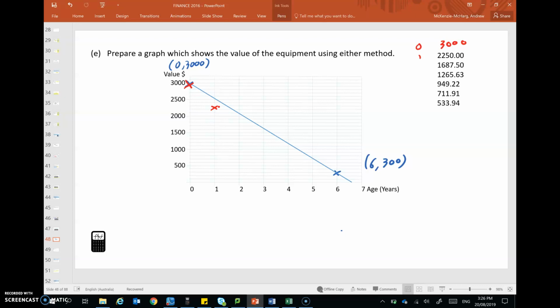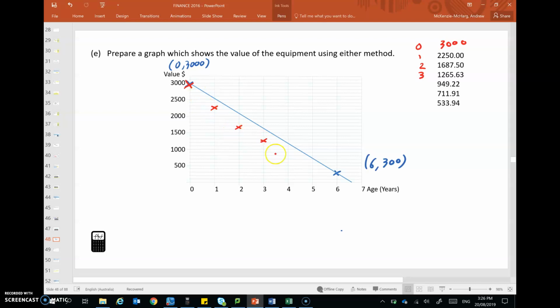After 2 years, 1,687.50. So close to 1,700, about say there. 3 years, we're at 1,265. So 1,200, about there, close enough.